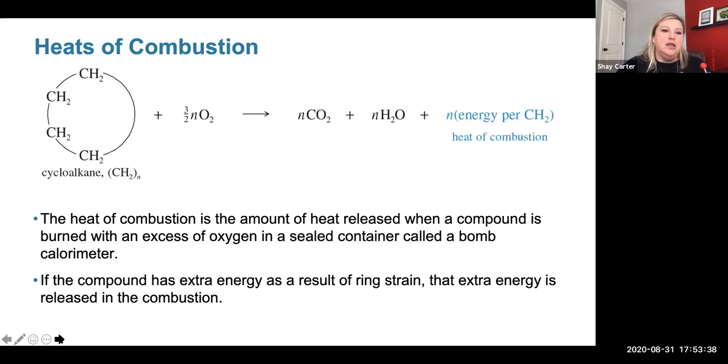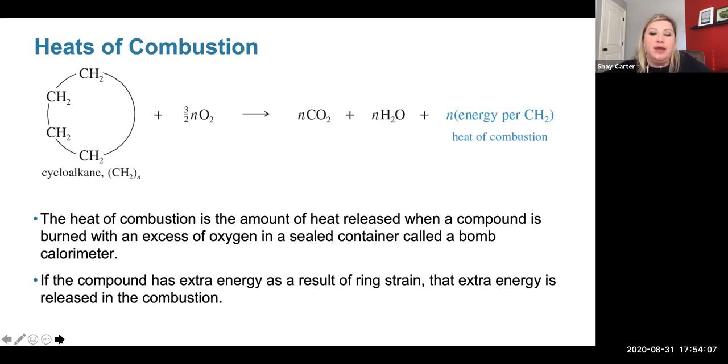Okay, let's talk about heats of combustion. Heat of combustion can give us clues about the stability of alkanes, okay? So the heat of combustion is the amount of heat that is released when a compound is burned with an excess of oxygen in a sealed container called a bomb calorimeter. In Gen Chem 1, we do talk about bomb calorimeters and how we use them.